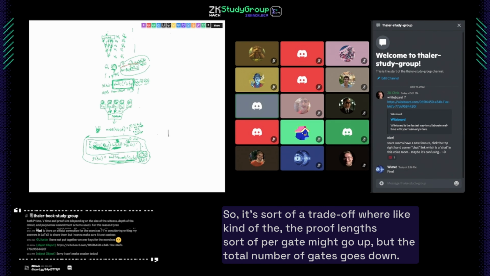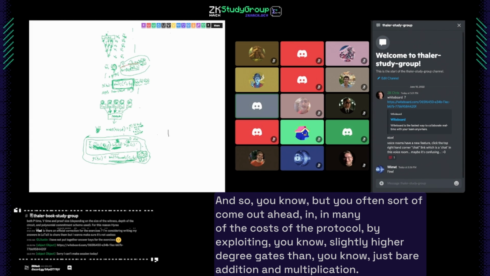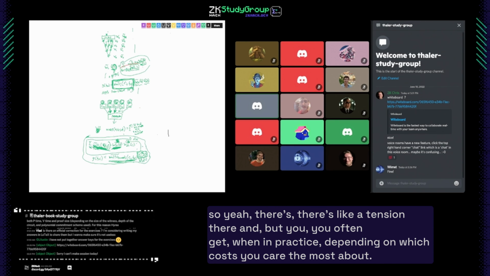So it's a trade-off where the proof length per gate might go up, but the total number of gates goes down. And you often come out ahead in many of the costs of the protocol by exploiting slightly higher degree gates than just bare addition and multiplication. So yeah, there's a tension there, but you often get a win in practice depending on which cost you care the most about.